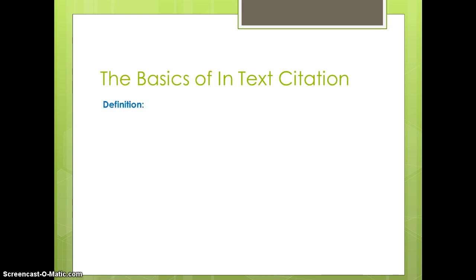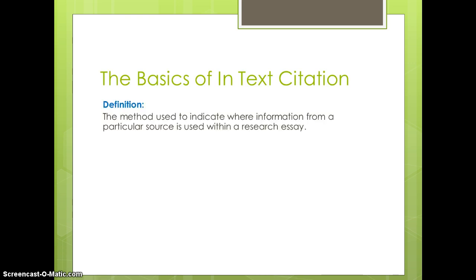So the first thing I want to put out there for you is a basic definition of in-text citation, because it's just a good idea to have that in place, and it might help make sure that you have a clear understanding of in-text citation. So my definition states that in-text citation is the method used to indicate where information from a particular source is used within a research essay.